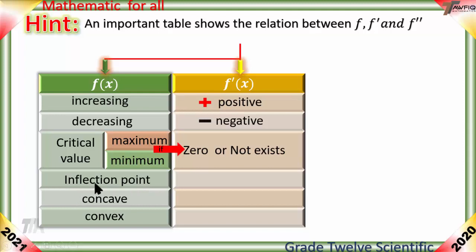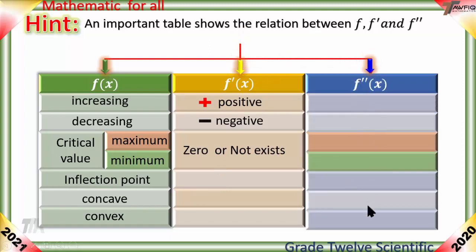To find the inflection point, we must have the second derivative. This is the second derivative.